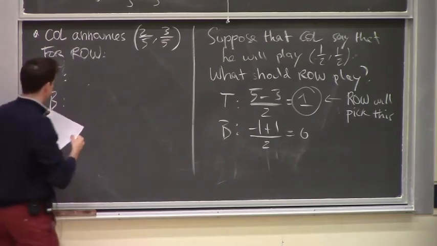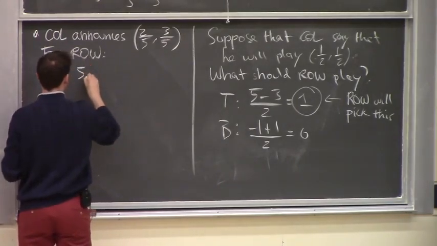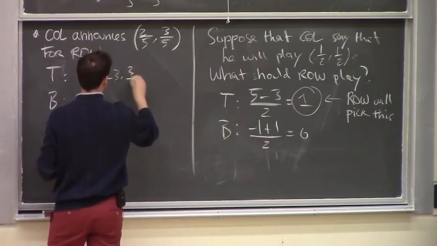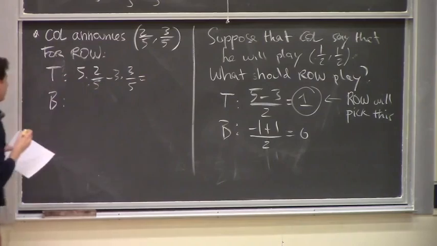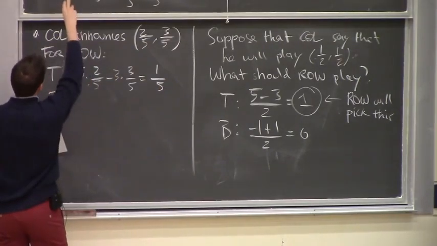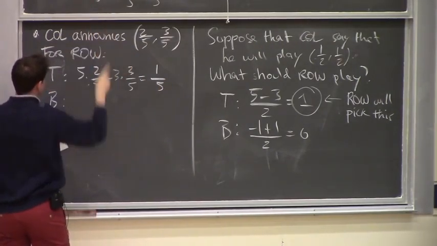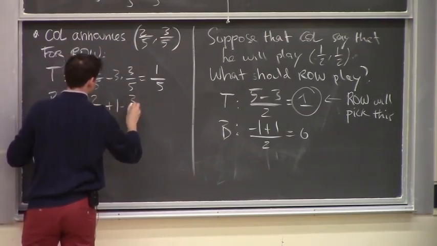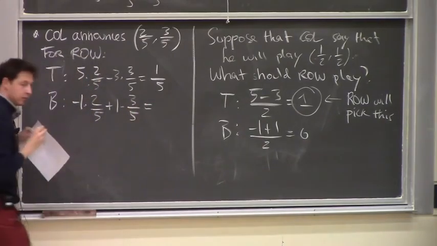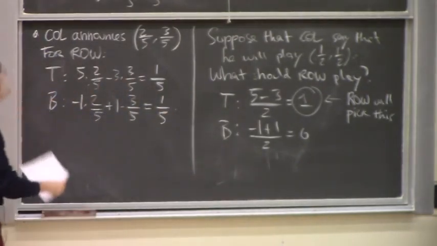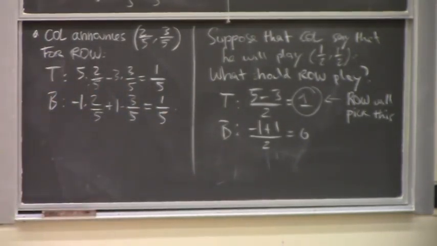So 5 times 2/5, and then -3 times 3/5. What is this equal to? 1/5. And in the bottom case, it will be -1 times 2/5 and 1 times 3/5. What is it equal to? 1/5.